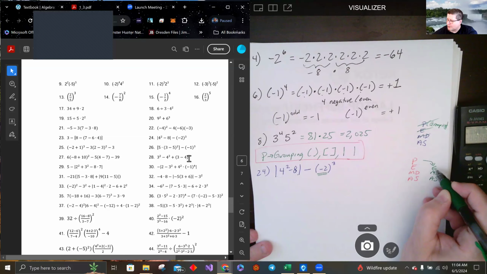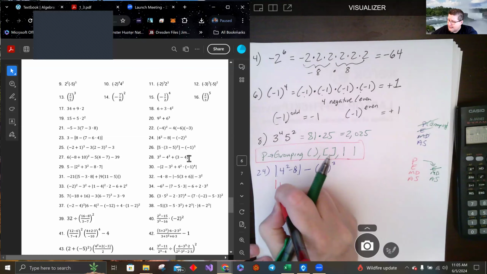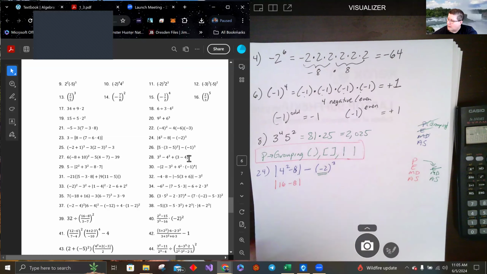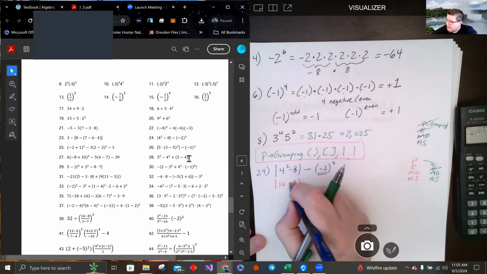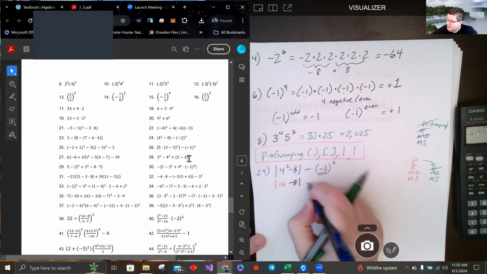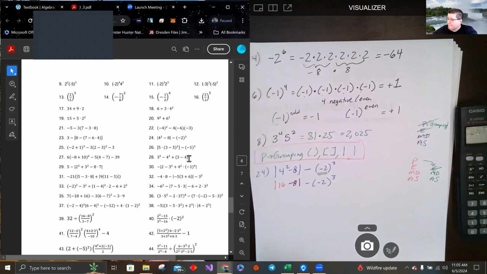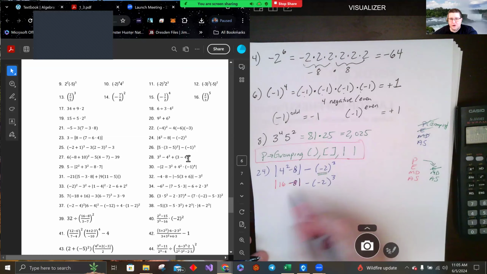The order is exponents first. So I'll do the exponent. 4 squared is 16. I'll do the changes in red. And that covered exponents. There's no multiplication or division inside of it now.